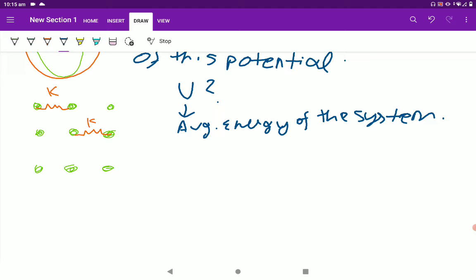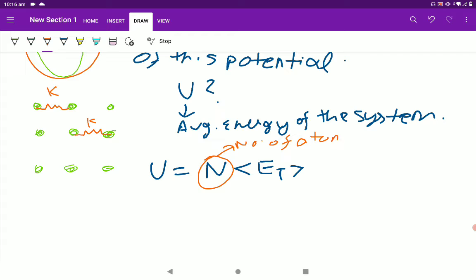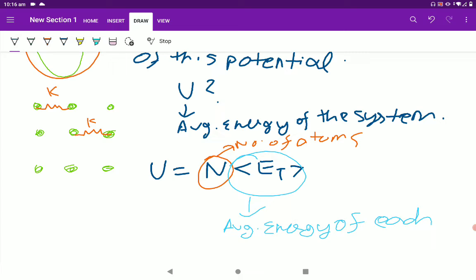It is equal to the number of atoms multiplied by the average energy of each atom at the temperature T. That is given by this equation.